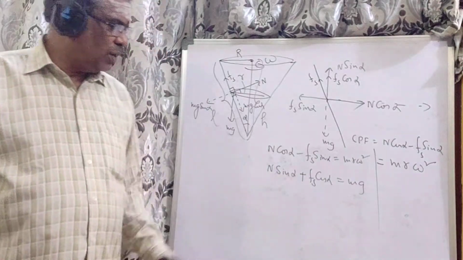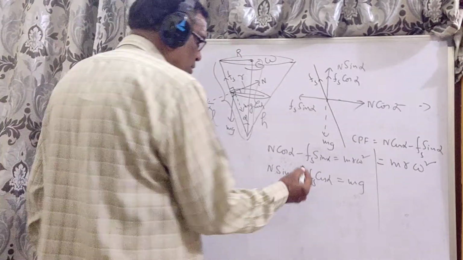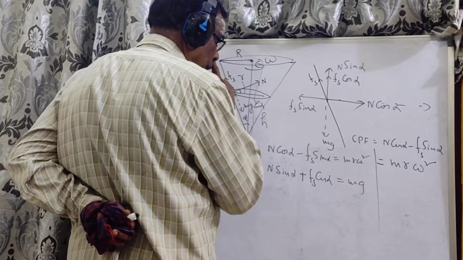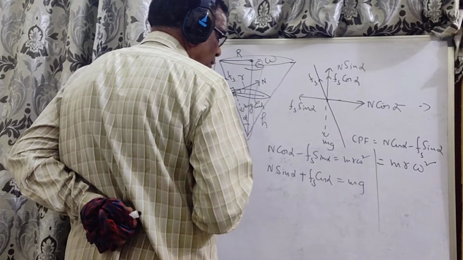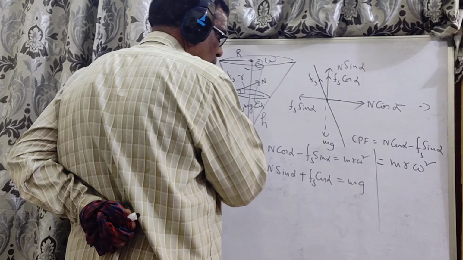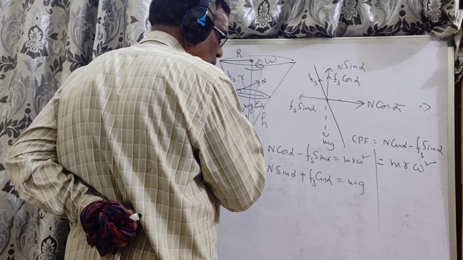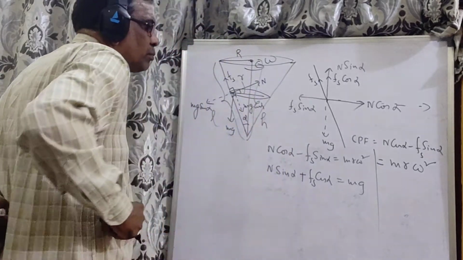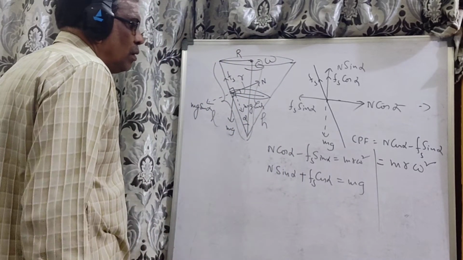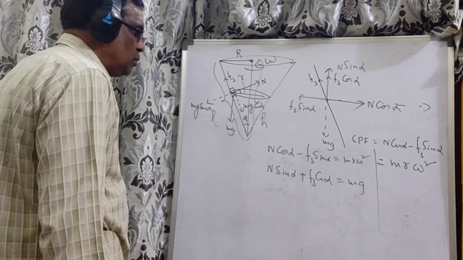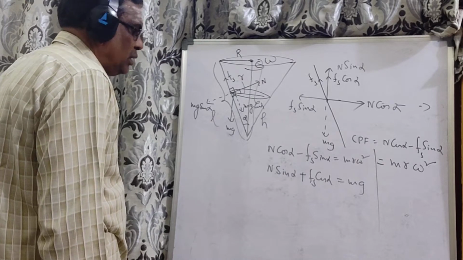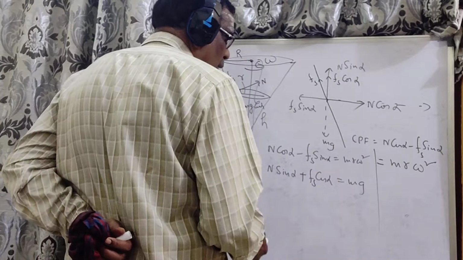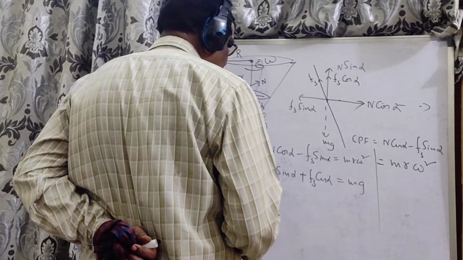Two equations, I want to get Fs out of it. And omega is known, Fs and N unknown. So you can probably eliminate.